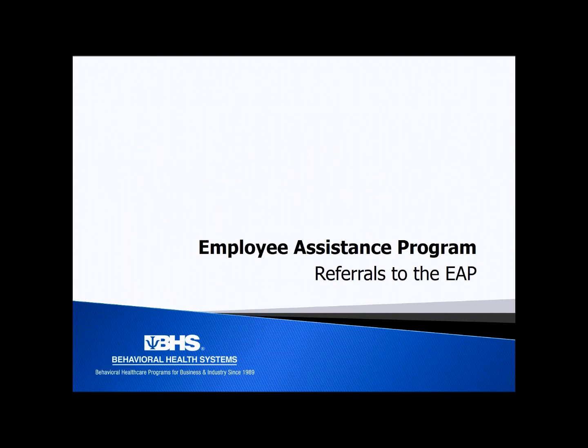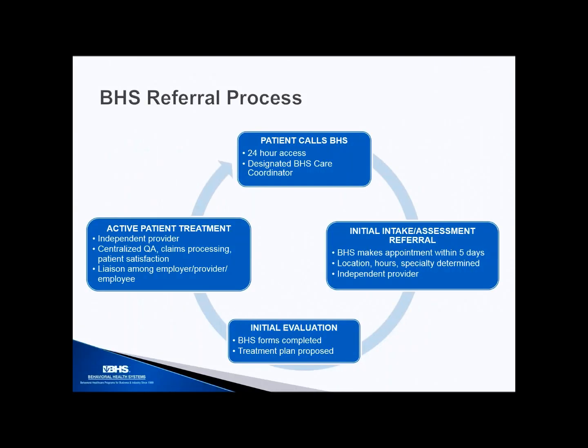Now I'd like to talk a little bit more about the types of referrals to the Employee Assistance Program. If you'll start at the top with me, please, where patient calls BHS. This is what you can expect when you contact us. As I mentioned, 24-hour access, a designated care coordinator.